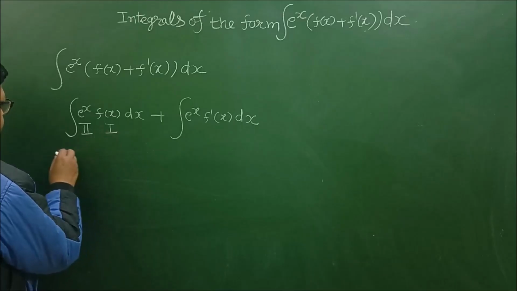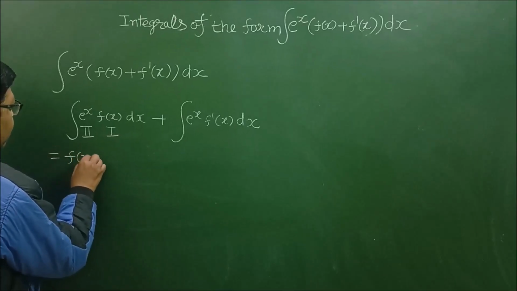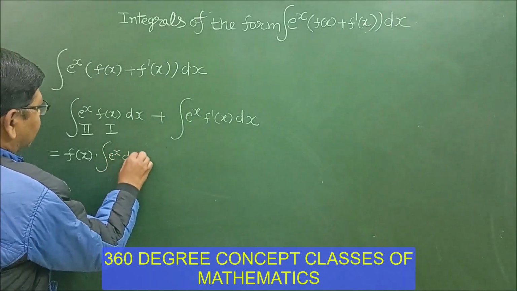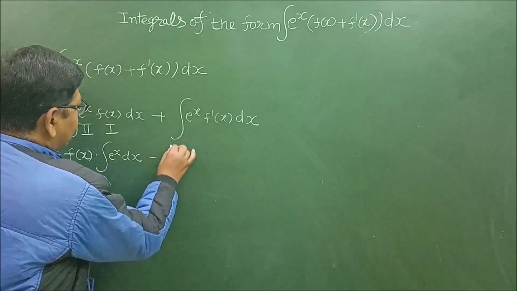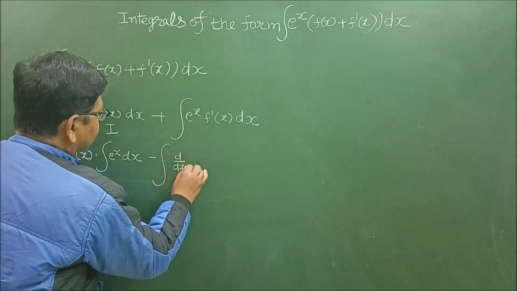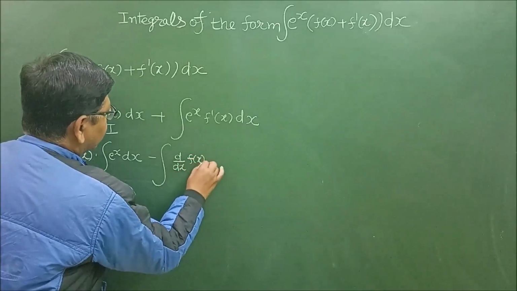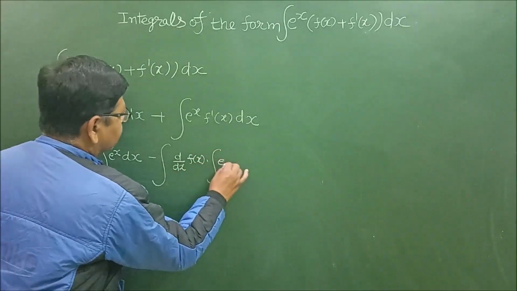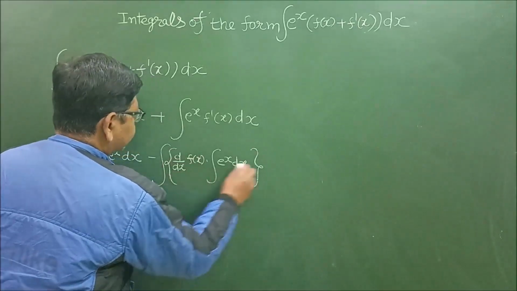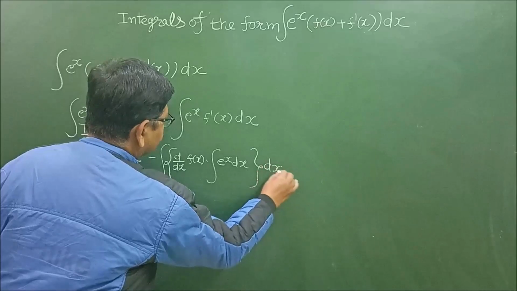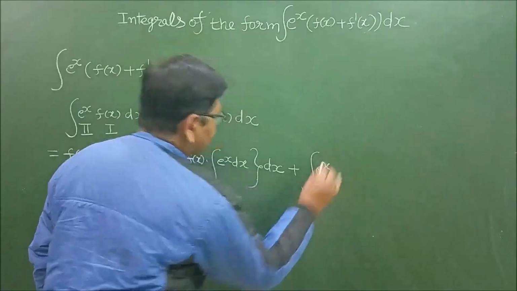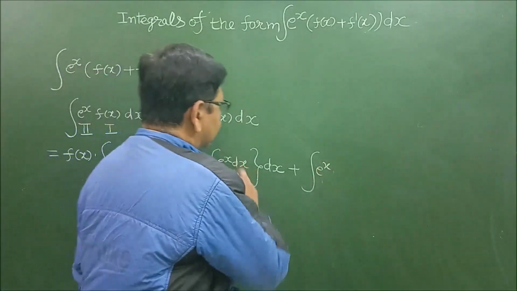So first function f(x), integral of the second function e raised to the power x dx, minus integral of derivative of first function into integral of second function, और होल का डेरिवेटिव, होल का इंटीग्रल, प्लस e raised to the power x f'(x) dx.